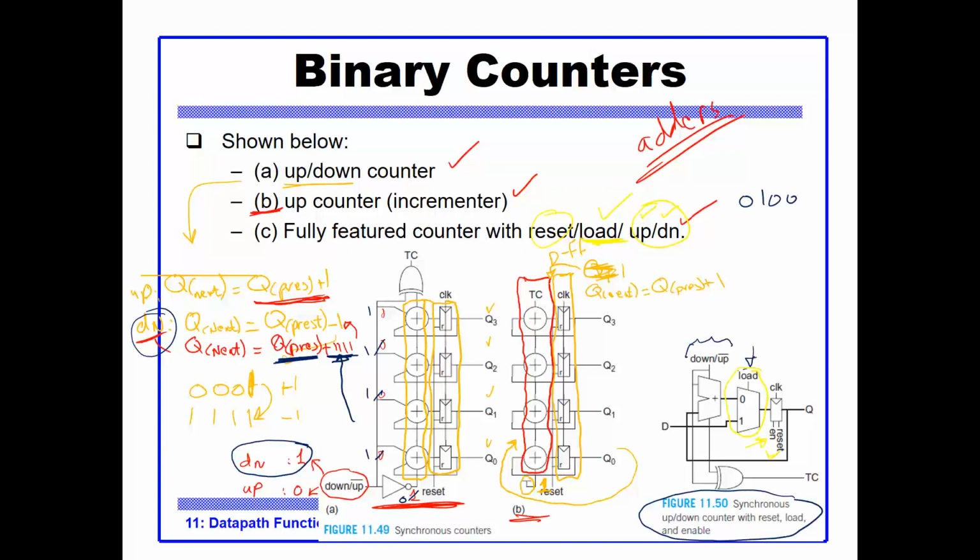Typically, enable functions in digital systems are associated with saving hardware, meaning when I want to have a part of the digital system sleep, to lower the power, because I know that part is not required to function right now, I put enable equals 0, and that makes the counter, or whatever digital system or the flip-flop, sleep.